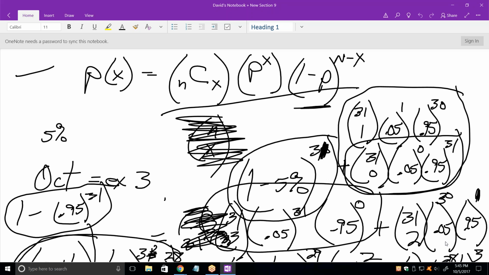Mm-hmm. In other words, if you did have a plus b to the x power, then you could use this same binomial theorem, only that's a and that's b.